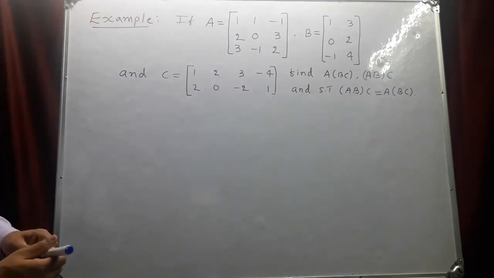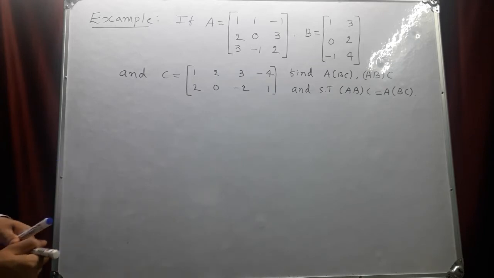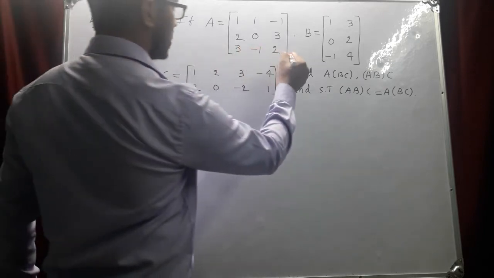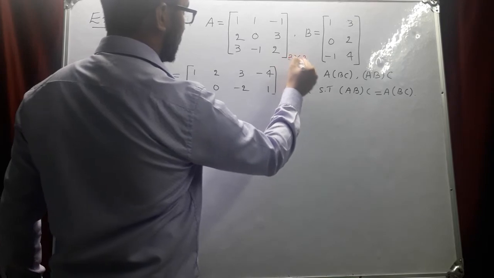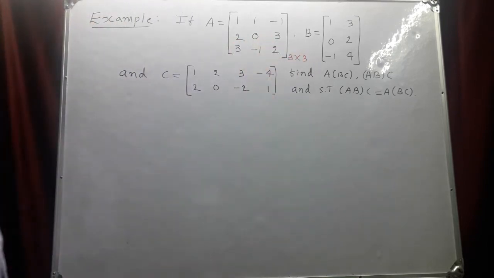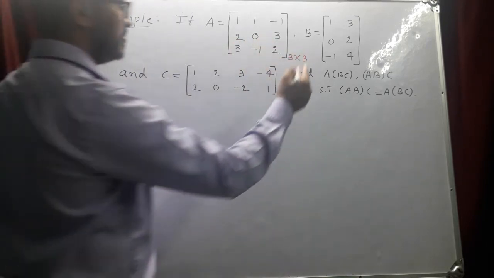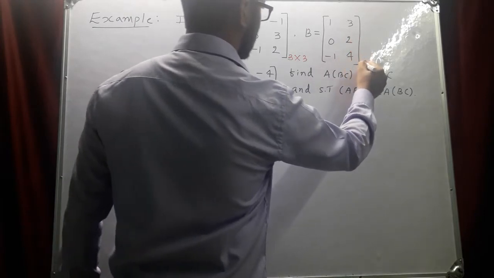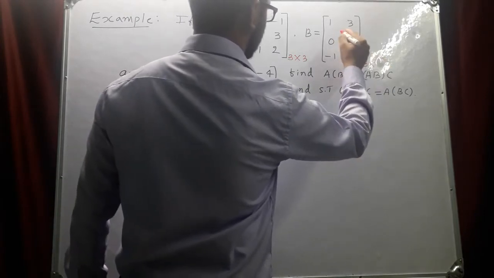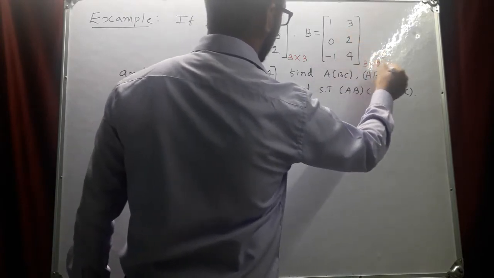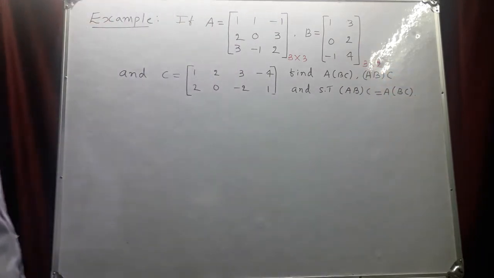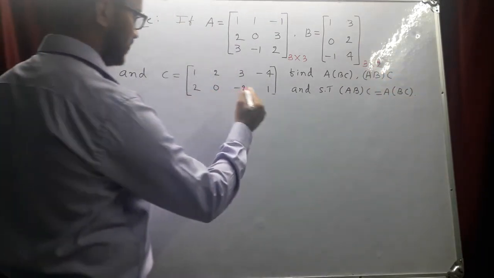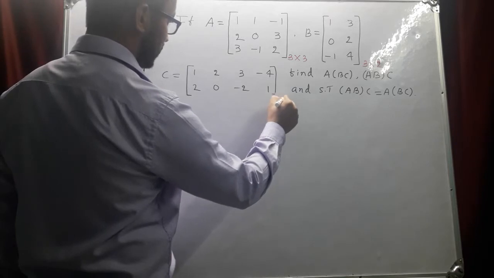If you see the order of the matrices here, A is of the order 3 by 3 since it has 3 rows and 3 columns. B is a matrix of the order 3 by 2. Matrix C is of the order 2 by 4.